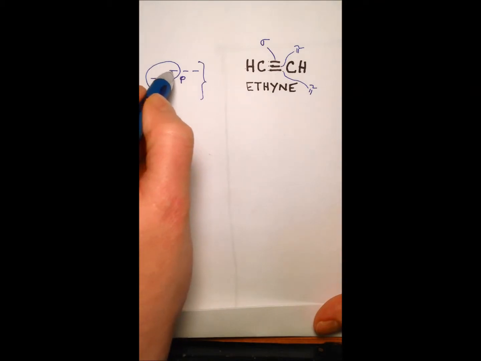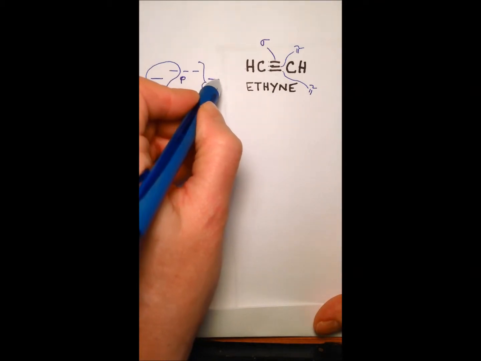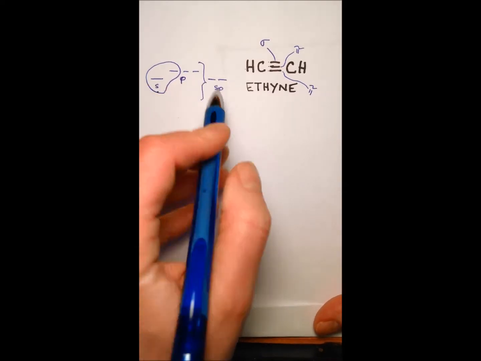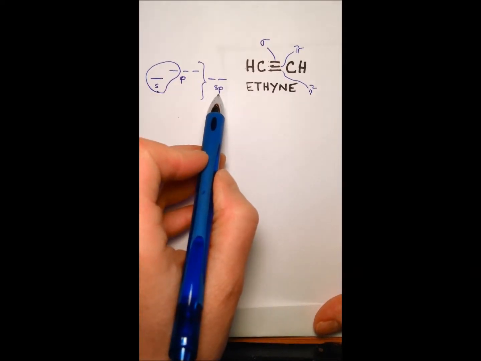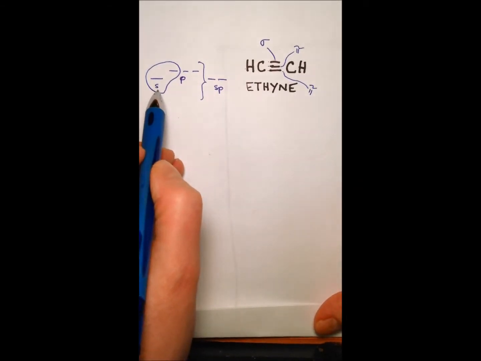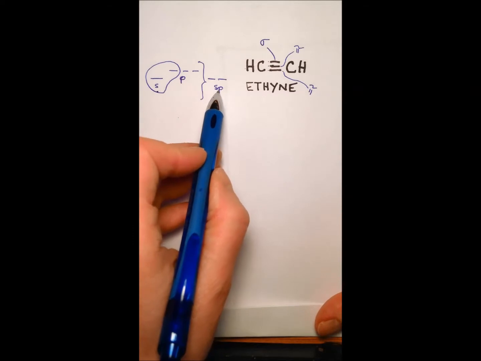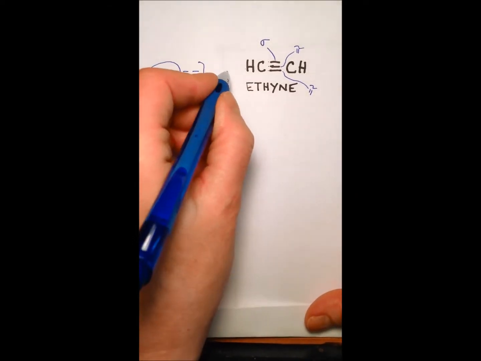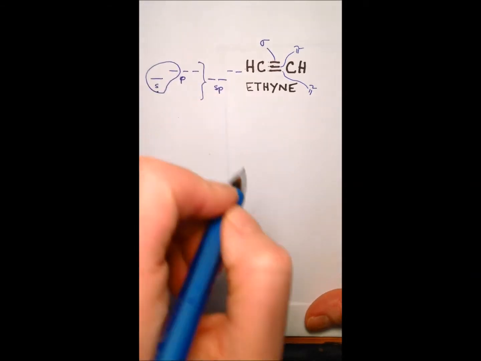If I use 1s and 1p, then I will get 2 orbitals, and each of them are called sp. Remember, in the name of the hybrid is its constitution, 1s and 1p, so there's always only 1s, but it's just sp. Okay? That leaves me 2 p's left over, which I will draw up here.